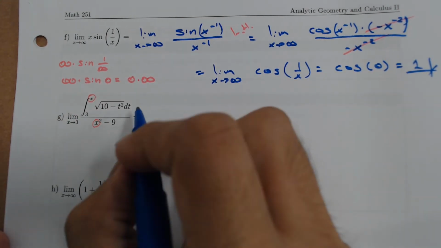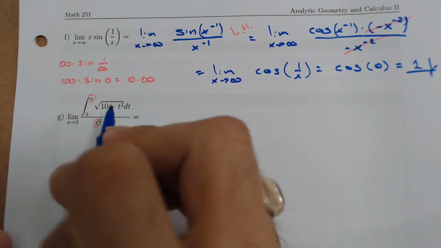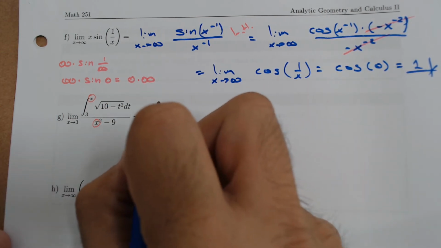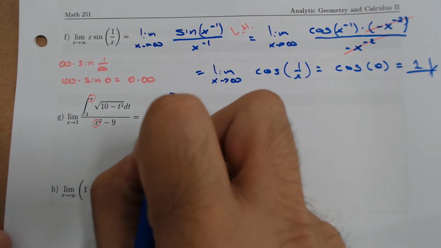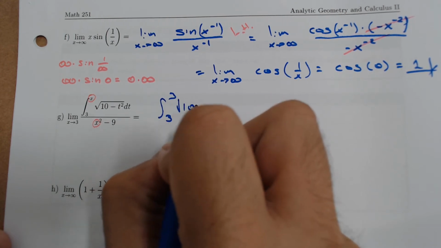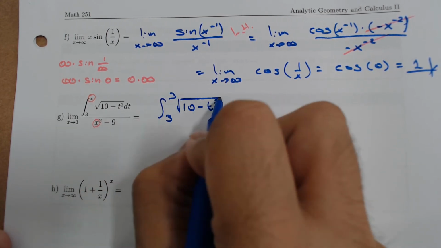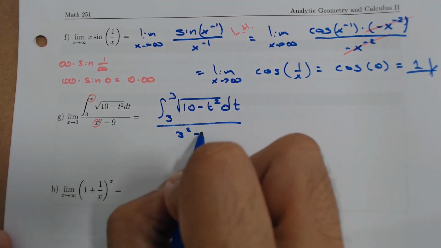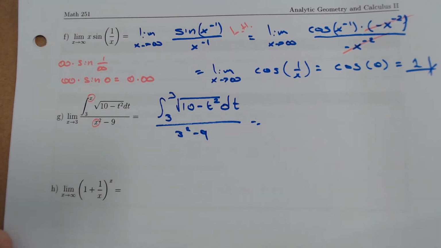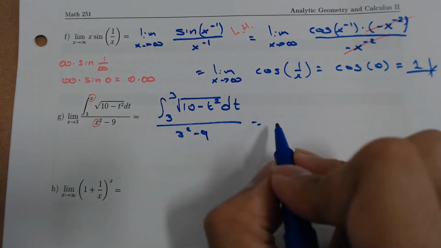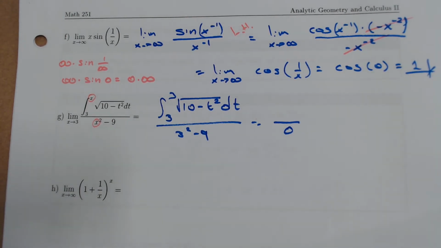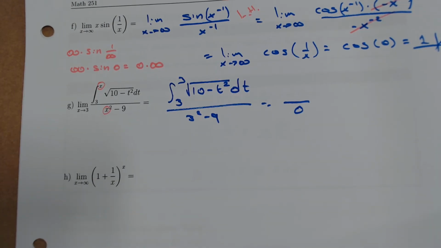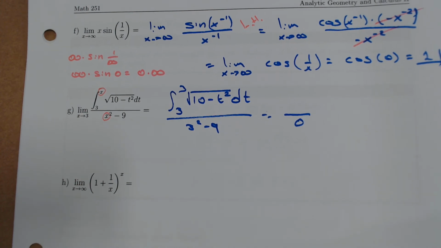So let's see. No more limit symbol. That means the integral from 3 to 3 of the square root of 10 minus t squared with respect to t, and then that's 3 squared minus 9. 3 squared minus 9, that's 9 minus 9. That means 0 in the denominator. And the numerator, what do we get when we have the same limits of integration for an integral? 0.